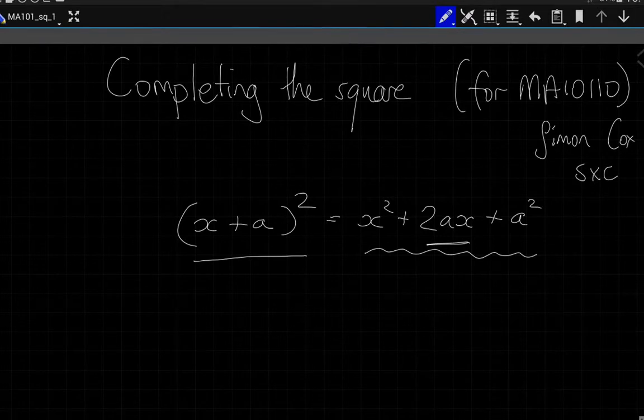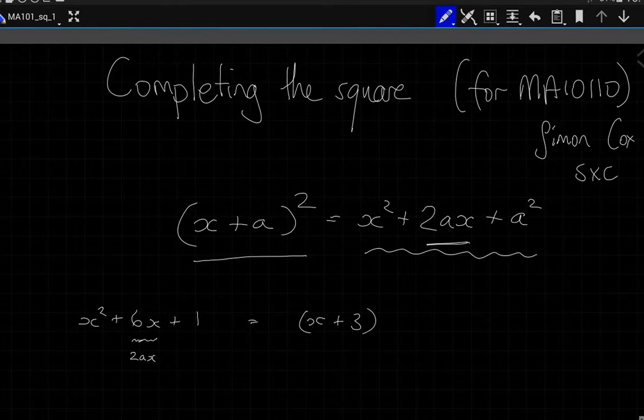So if I'm given an expression like x squared plus 6x plus 1, I want to get rid of this term, which looks like 2ax above, and write this in the form x plus 3 all squared, so this is my value of a here, plus some constant.